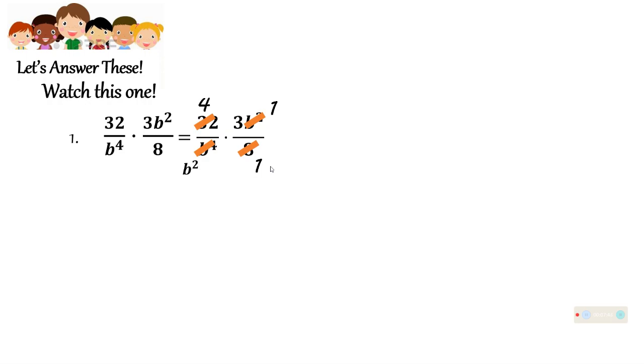Then on the variable, we have b squared on the numerator, b to the 4th power on the denominator. So on the denominator, you will be left with b squared. Then, multiply all the remaining factors. So we have 4 times 3 is 12 over b squared times 1 is b squared. So, this is the answer in the first example.